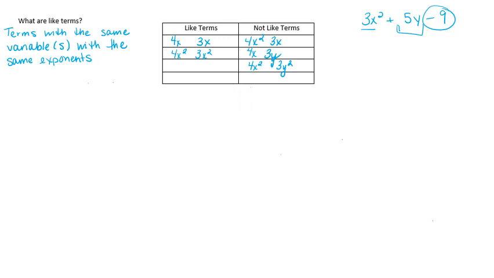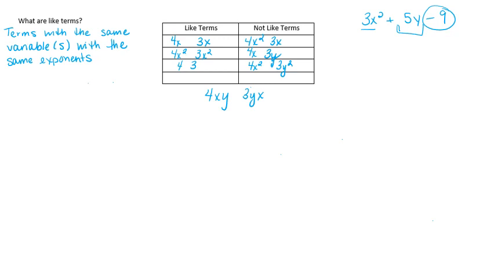All right, 4, 3. Neither one has a variable. They're just two numbers. Numbers are always like. All right, how about 4xy and 3yx?